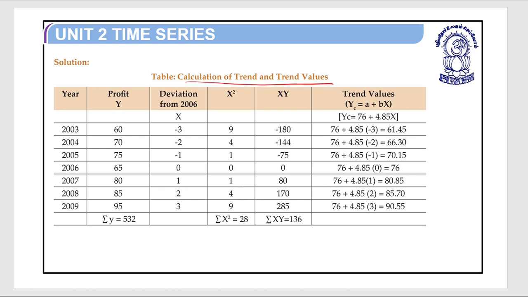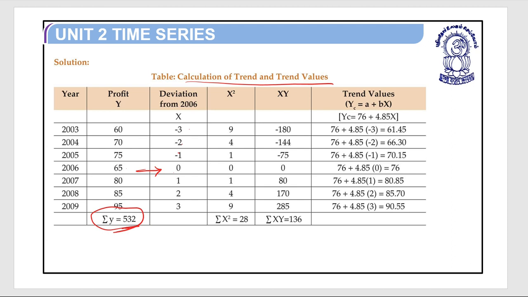Profit y is 60, 70, 75, 65, 80, 85, 95. Sigma y is equal to 532. Deviation from 2006. So here we take the center as 0, then minus 1, minus 2, minus 3, 1, 2 and 3.